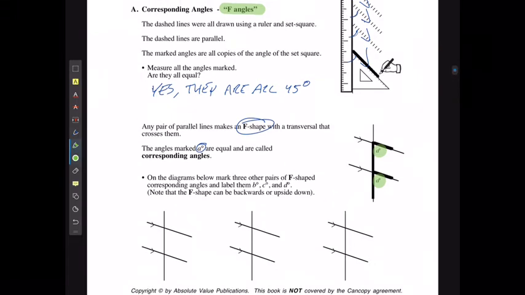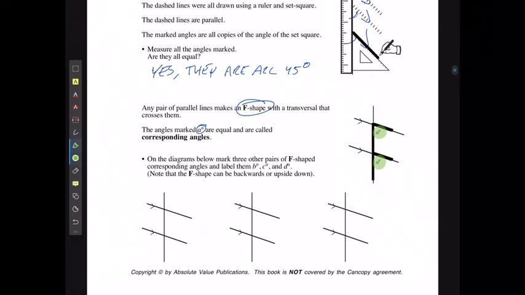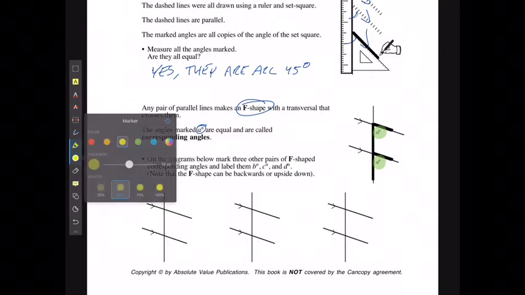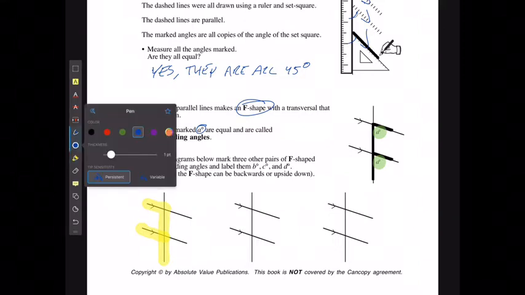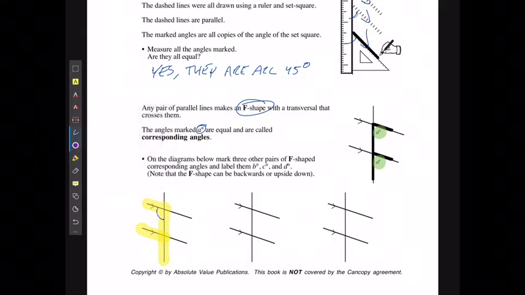On the diagram below, mark 3 other pairs of F-shaped corresponding angles that we can have. So I can have, if I'm using this F shape, and I'm just doing it backwards, then I'm going to wind up with corresponding angles that exist here and here.